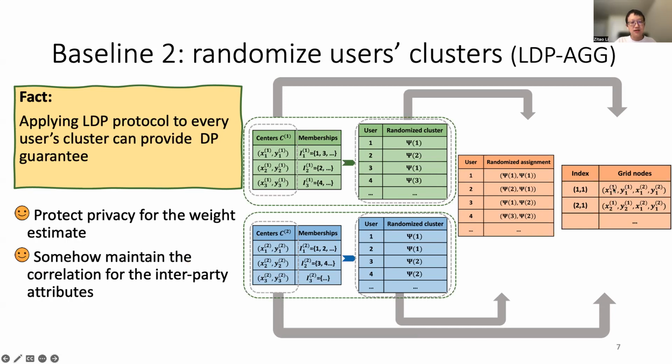This approach, as we showed, can provide privacy protection because it depends on the LDP protocol, and also maintains some correlation of the inter-party attributes. But the LDP protocol will usually introduce large noise.